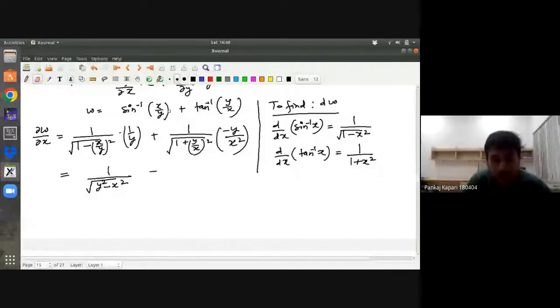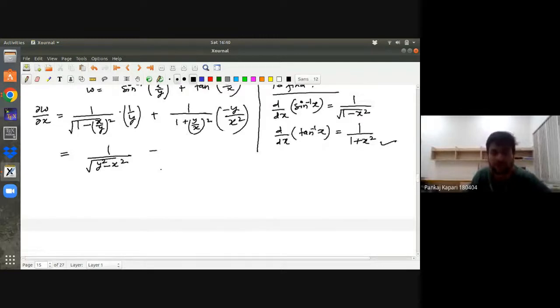Here it is not under root. The derivative of tan inverse is 1 over 1 plus x square, without the square root. So that was the mistake. So this is x square plus y square, and with a y. If you simplify that, then you get this.